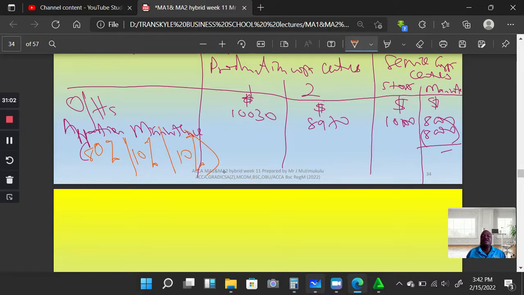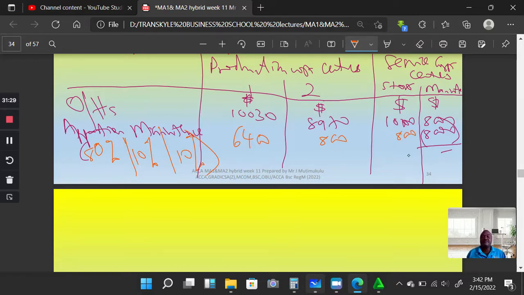So 80% of 8,000, that's 6,400. 8 by 80, that's 64. So that's how you can do the mathematics correctly. 10% of 8,000, that's 800. And then 10% of 8,000, that's 800.